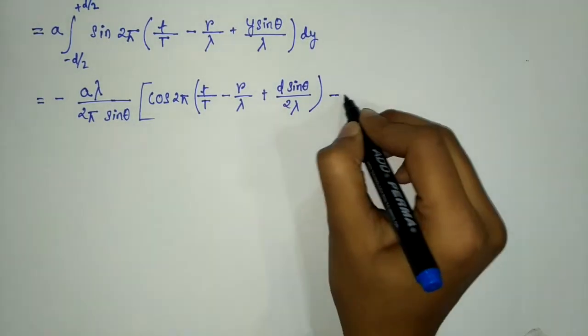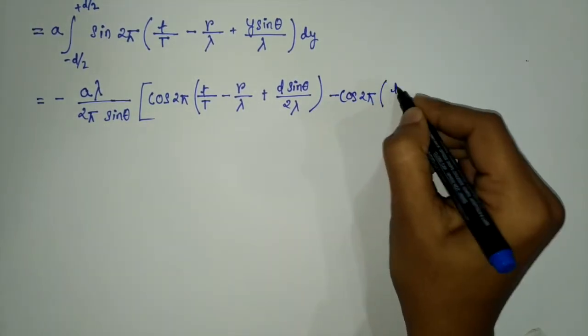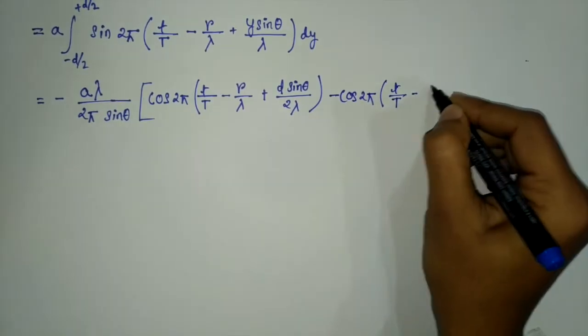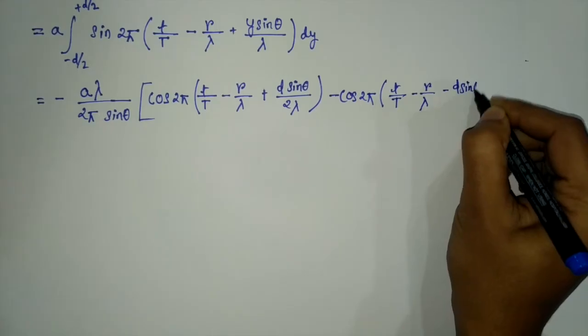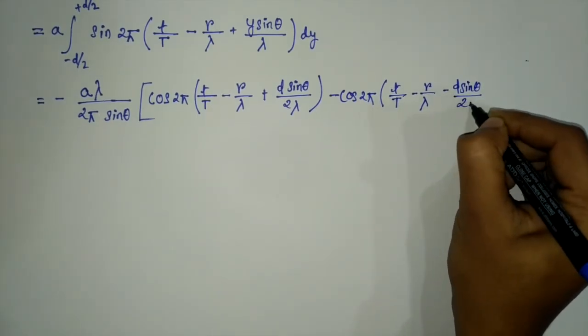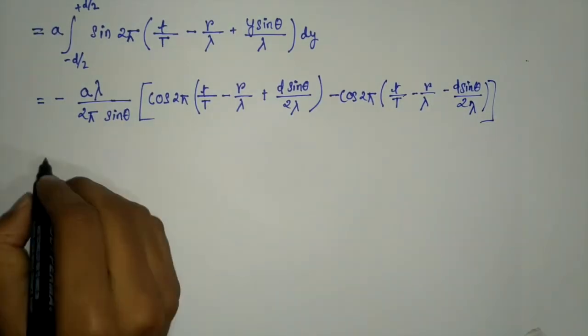minus of cos 2 pi into small t by capital T minus r by lambda minus d sine theta by 2 lambda. We'll get this whole term.